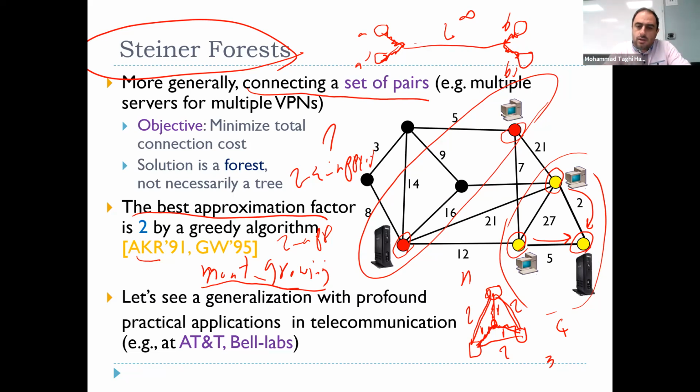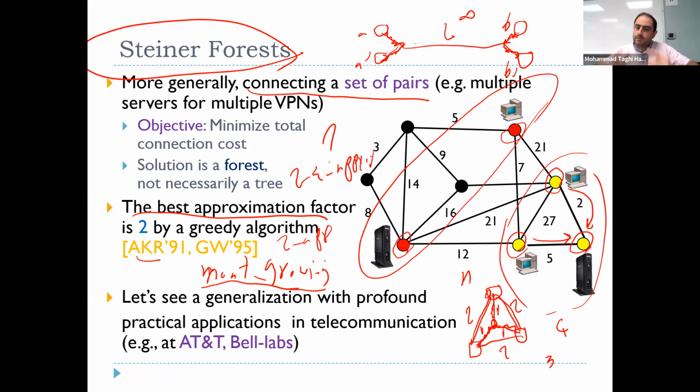Good. So this is so far about Steiner tree and Steiner forest. This is the whole concept. Sometimes we talk about connectivity, but here I want to talk more about buying enough. You want to buy enough edges such that you will connect this guy.